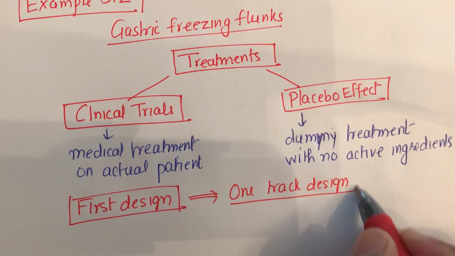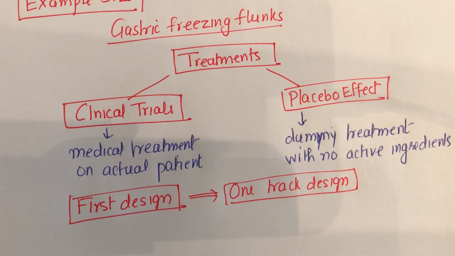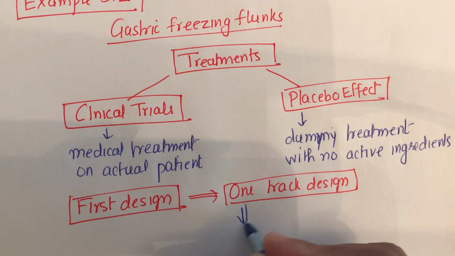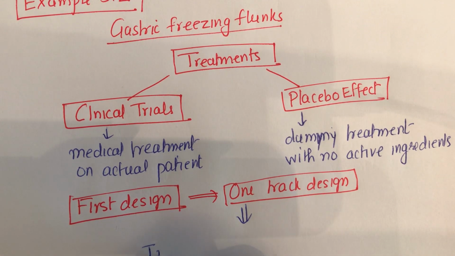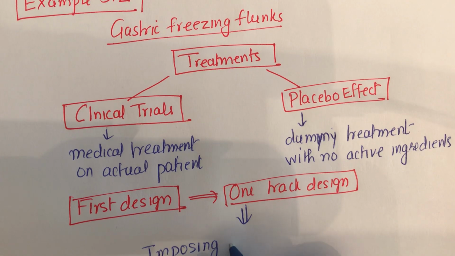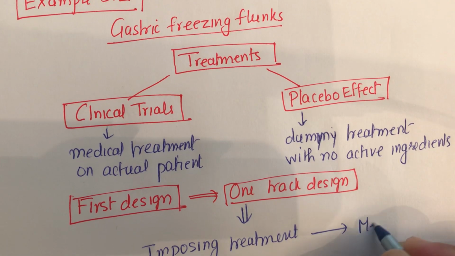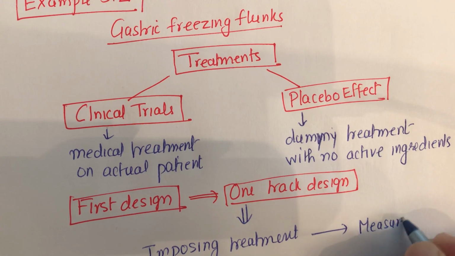In that one-track design, it was simply directly checking whether imposing a treatment, if you impose gastric freezing, has any effect on pain. Does it reduce the measured pain?